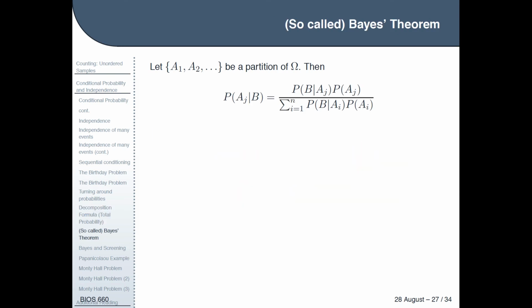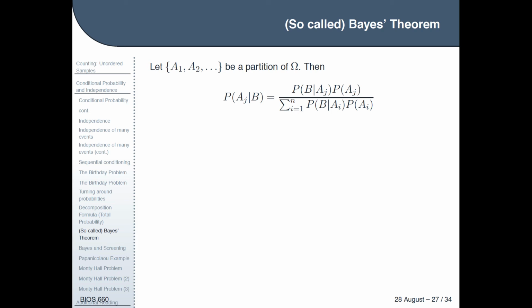And so, given that partition rule, we can prove what's known as Bayes' theorem, which says that given a partition of the sample space, the probability of A_j given B is equal to the probability of B given A_j times the probability of A_j, divided by the sum of the probability of B given A_i times the probability of A_i.